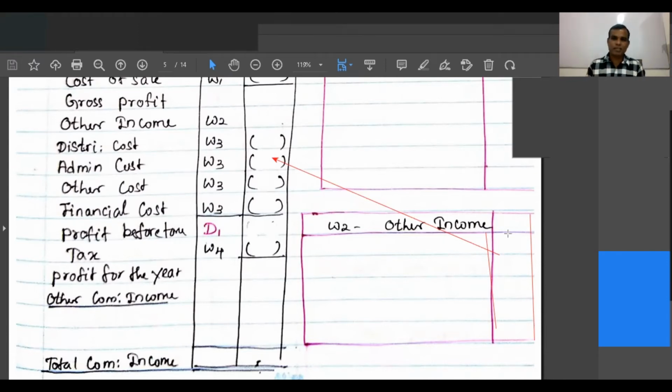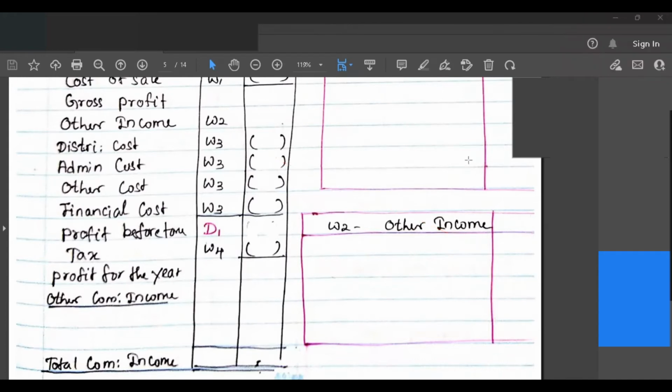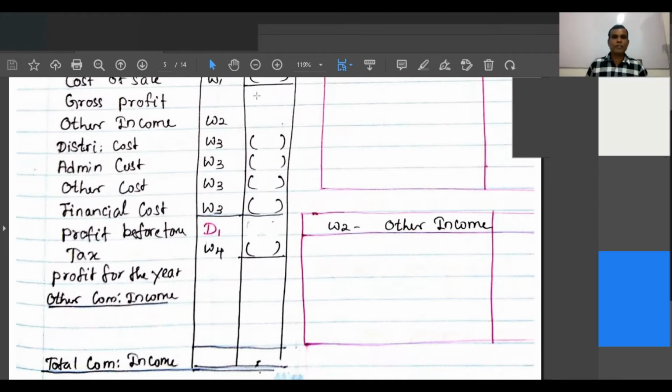Right. And then other incomes, just keep in mind other income. The total of other income should be taken here. After taking all other incomes, the total should be taken here.